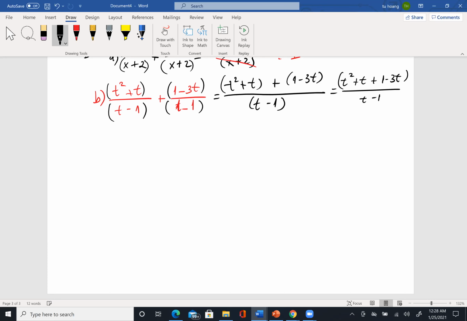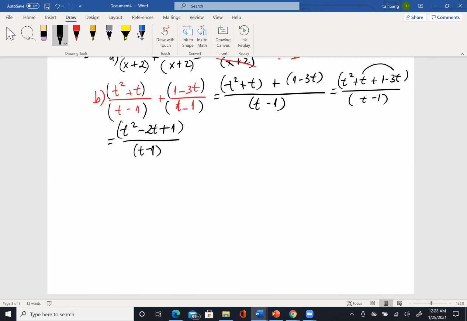I can keep the big parentheses outside over here. So now I have t squared stay, t combined with minus 3t is going to be negative 2t, and then plus 1, divided by t minus 1. Make sure to have the parentheses.